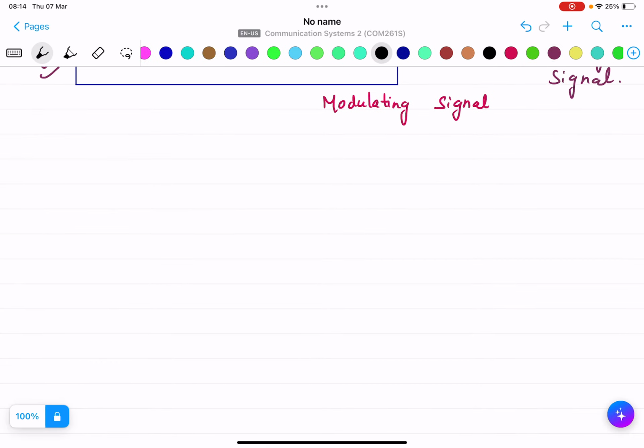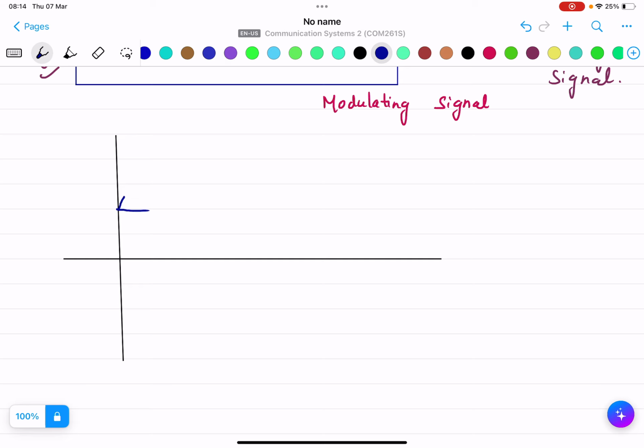if we want to show it with a waveform, then how we are going to show it is, because the message signal is superimposed on the carrier signal, basically it will take the amplitude of the carrier signal, and then there is my message signal here, and this is the carrier signal here.